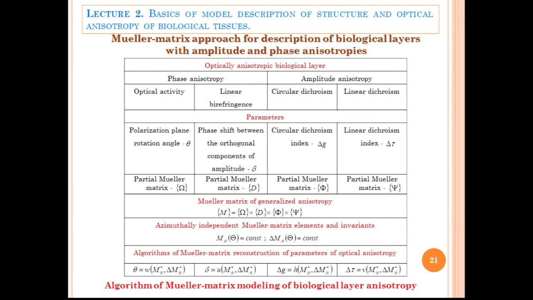This one is the Mueller matrix M of generalized optical anisotropy of our biological object. This one we measure in our experiments, but we should know the influence of these partial Mueller matrices corresponding to the different optical activities in this object in order to, for example, diagnose cancer changes at very early stages and so on, because cancer changes at an early stage are connected with this optical activity of molecules.